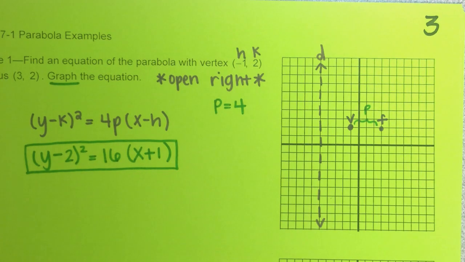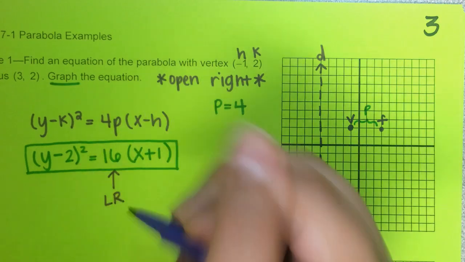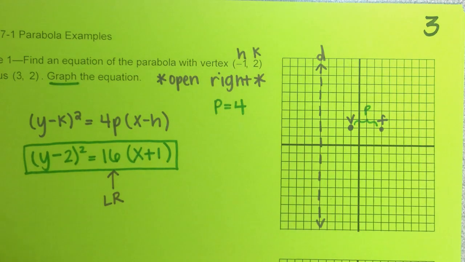There were 2 more things I need. LR, that fun word. Remember I told you that LR was the number in front of the parentheses? That means your parabola is 16 units wide at the focus.